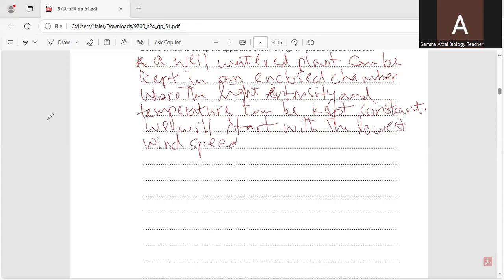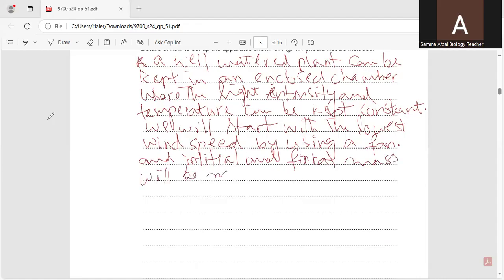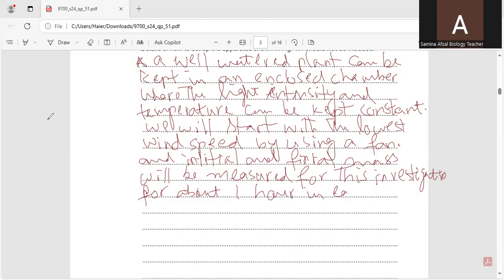Wind speed by using a fan, and initial and final mass will be measured for this investigation, for about 1 hour in each case. So in this way, we will also keep the time constant.